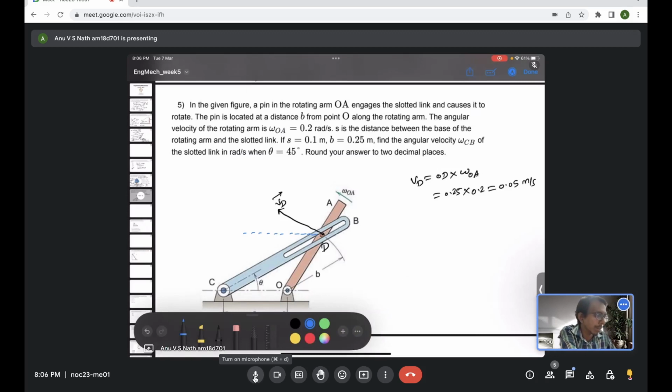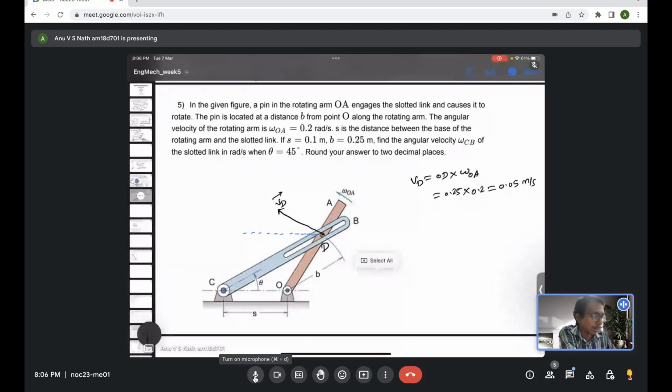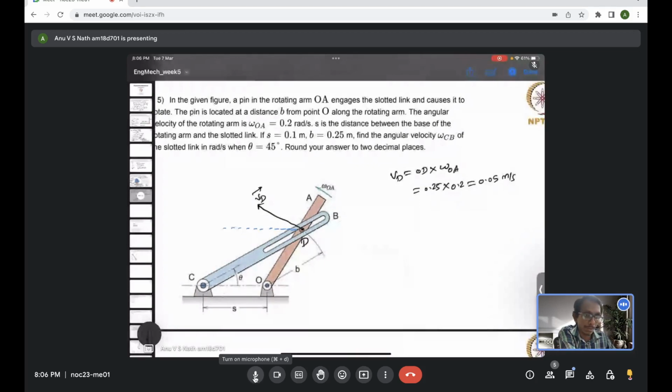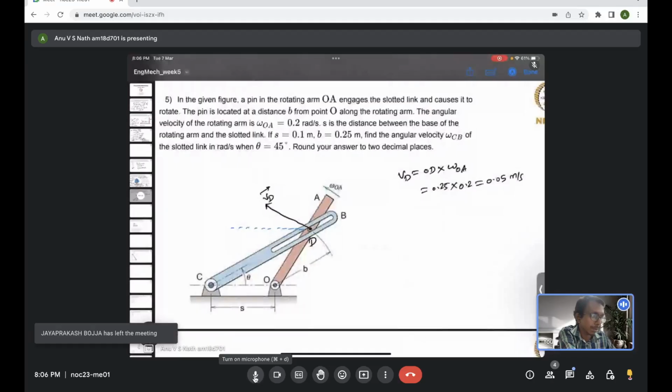So now we have evaluated the velocity of point D with respect to the member OA. Now D again is a point of the member CB. With respect to CB, it has two motions. It is not only rotating but also sliding in the slot in the member CB.